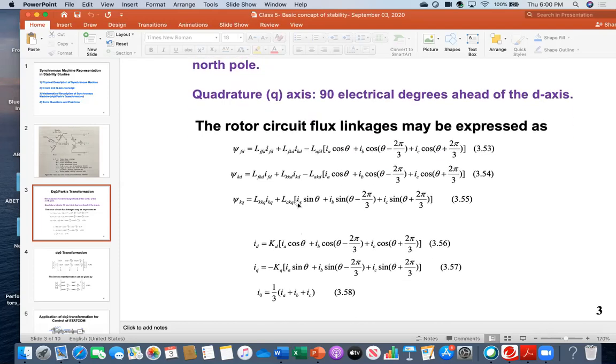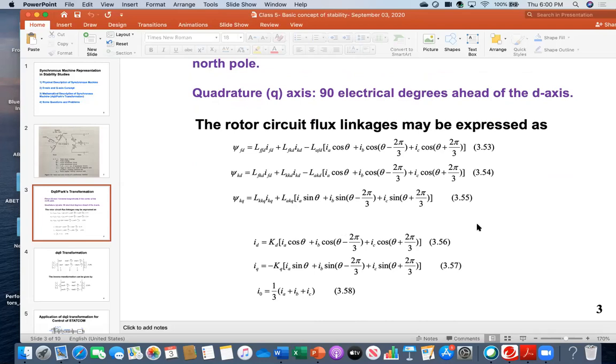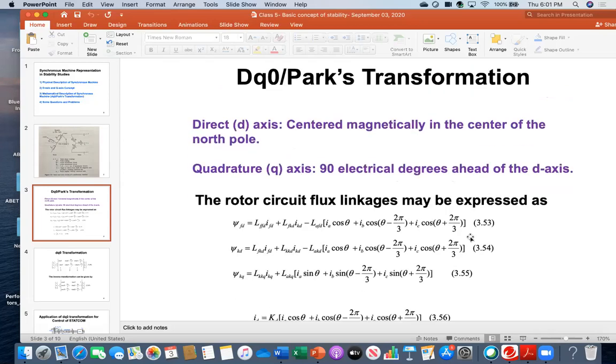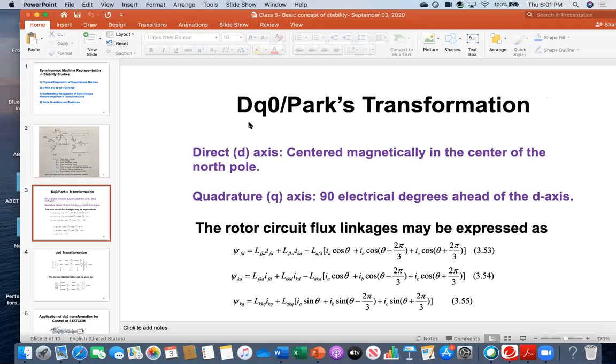You see, these will be really difficult to handle if time dependent: cosine omega t, sine omega t. When it is power and you need some multiplication, cosine square omega t, sine square omega t. It will be huge trigonometry. It is not that you cannot do it, you can, but it's very difficult and complicated. That's why to analyze a 3-phase system, Park has invented the DQ0 method. That is the significance, and gradually we'll be looking at it.